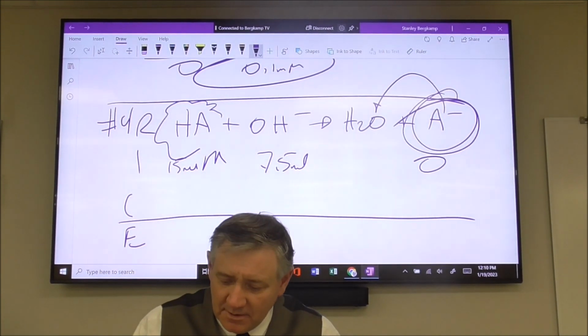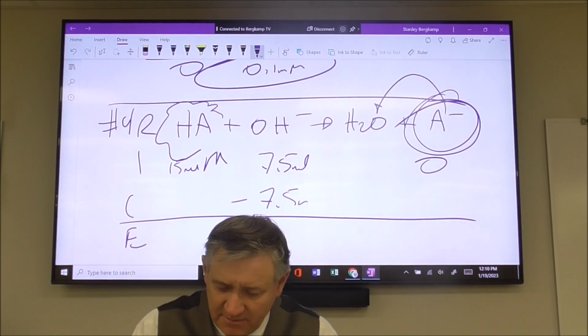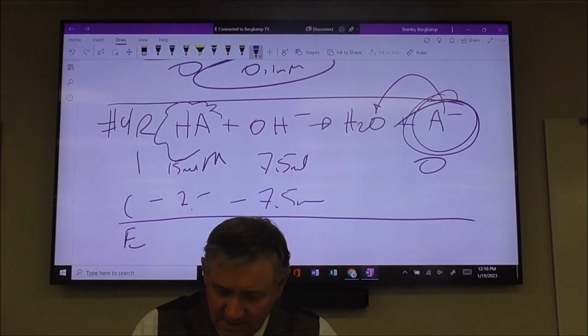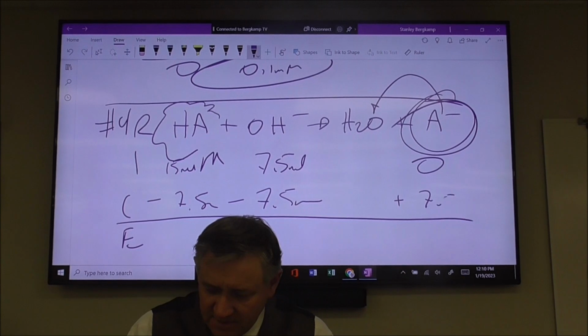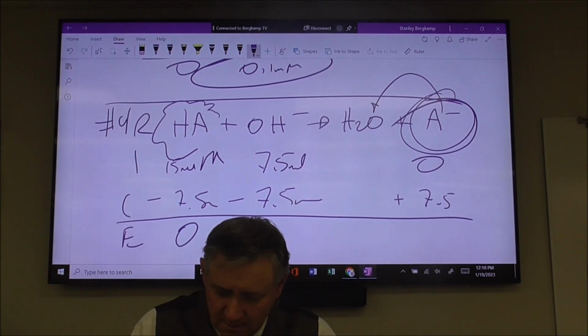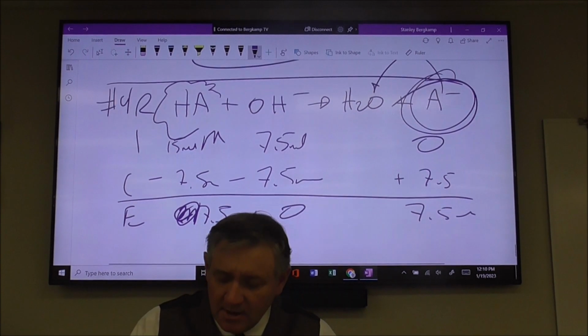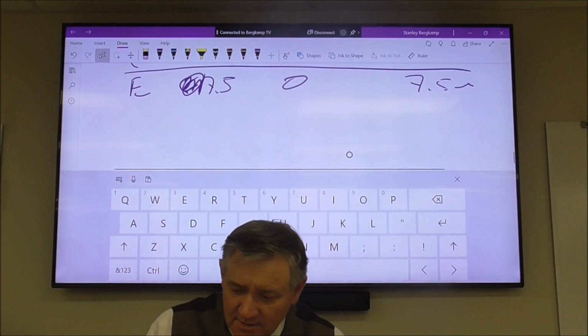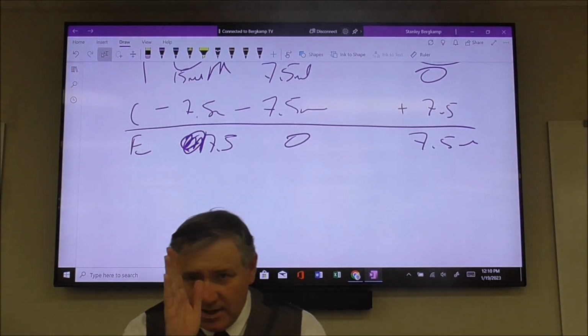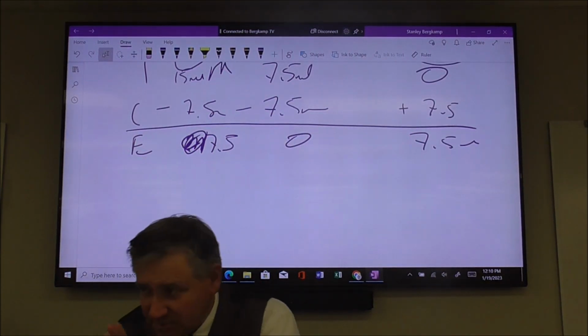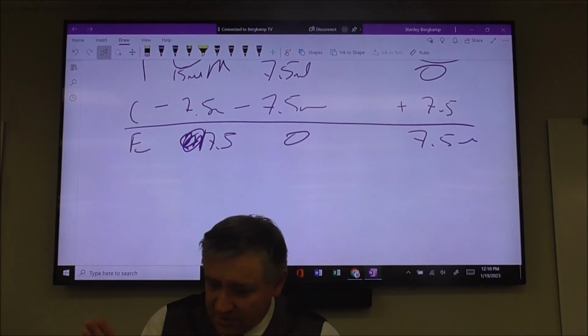Okay? Now, at this point, this is kind of cool. You go 15 minus 7.5, minus 7.5, plus 7.5. This becomes 7.5, 0, 7.5. Now, because it is a weak acid, strong base, this thing is half neutralized.